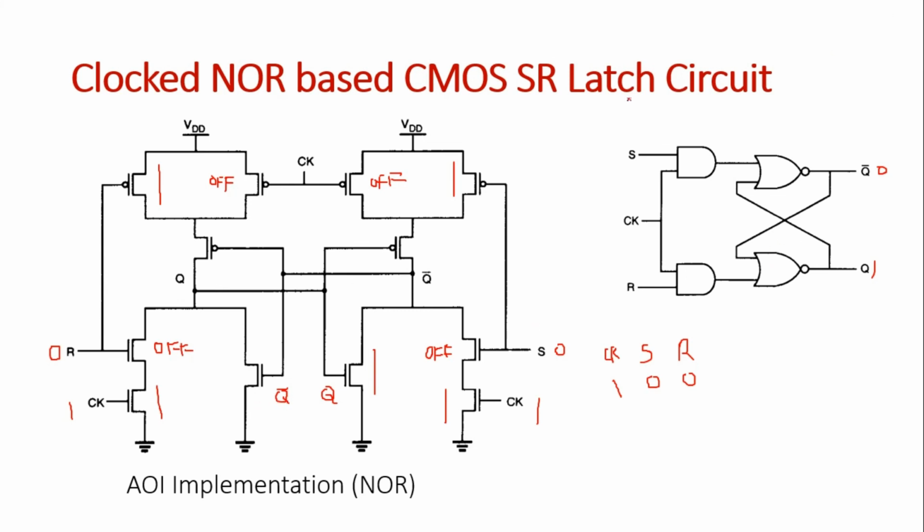Q bar value is 0, therefore this will be off. Okay, and similarly here as it is a 0, we have a 0 over here, we have a 1 for this. As this is 0, it will be turned on and short circuited. Now at this side, as Q is 1, this is off and it will be open circuited.